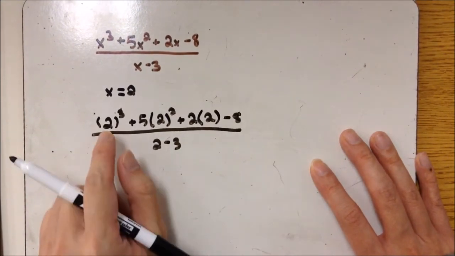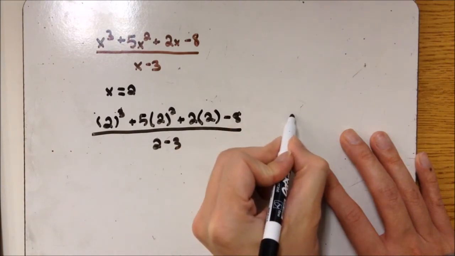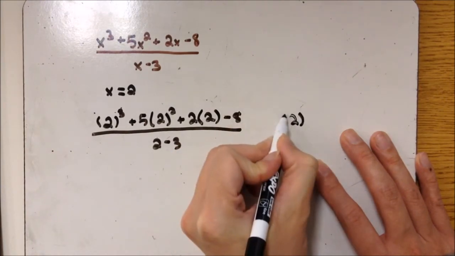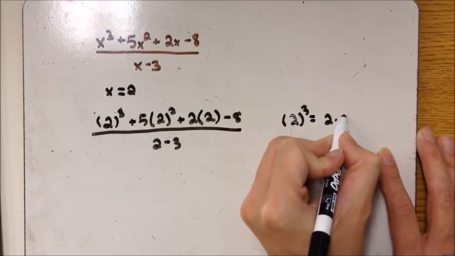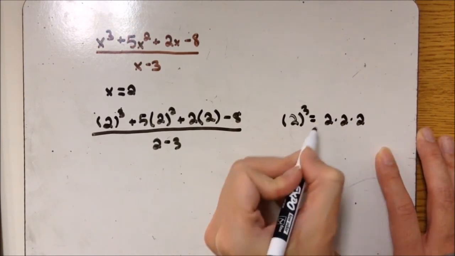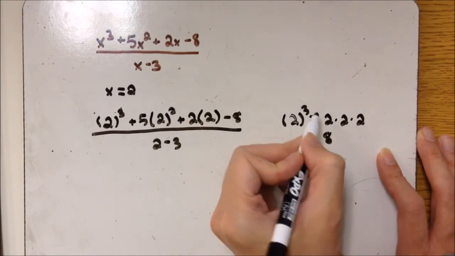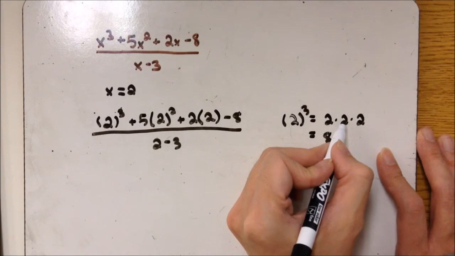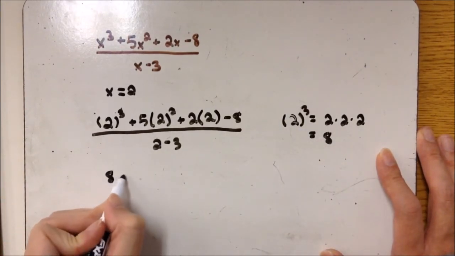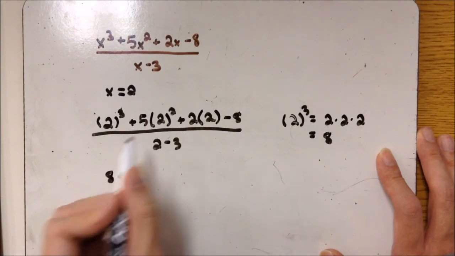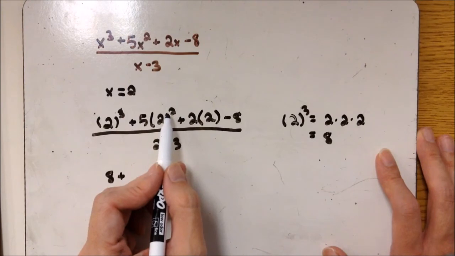Alright, so 2 to the third power is basically 2 times 2 times 2, which is 8. Because if we do it part by part, 2 times 2 is 4, and then 4 times 2 is 8. So I'm going to write that right here. Now, again, we do exponents first. So 2 squared, that's 4.